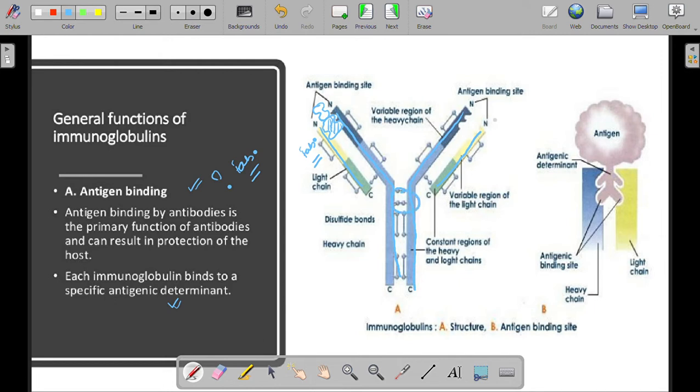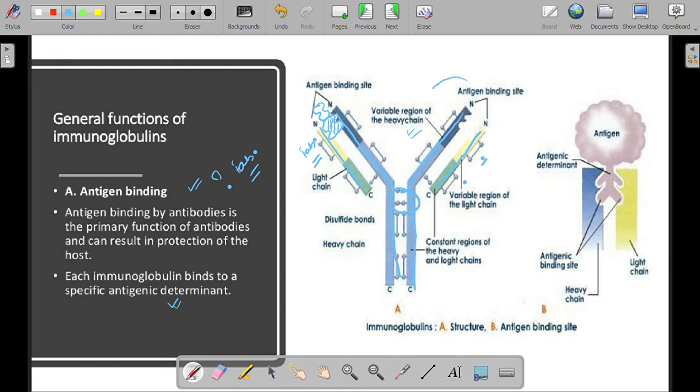These are the antigen binding sites, and this is the variable region of the heavy chain. Again there are three constant regions, one variable region, and here is also one constant region. So this is the immunoglobulin structure, and this is the antigen binding site.